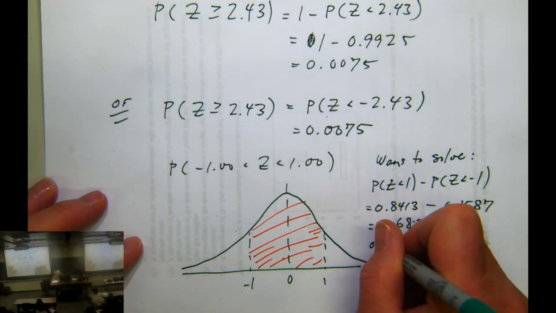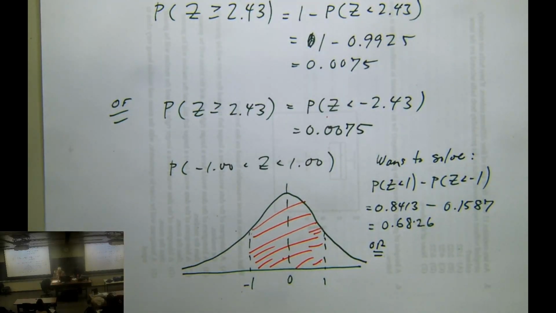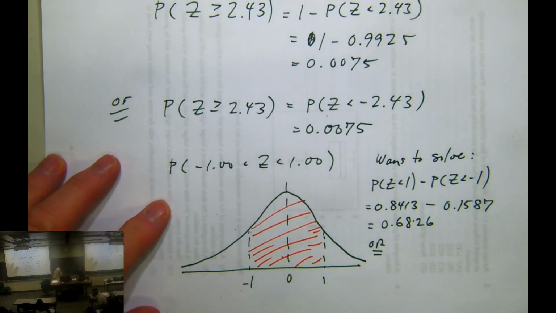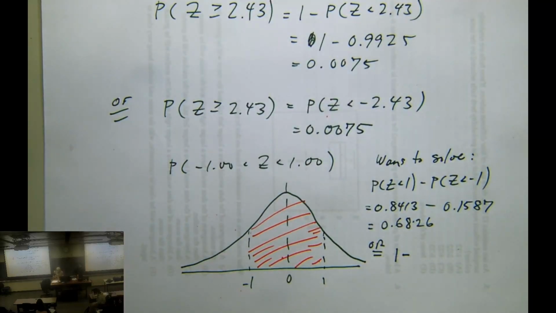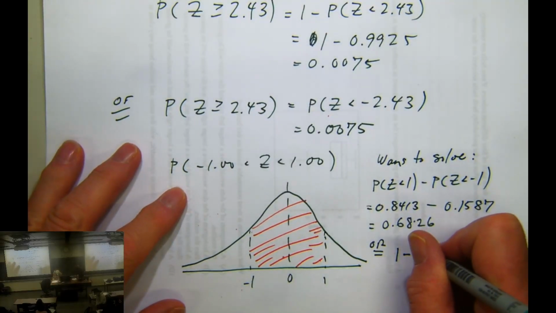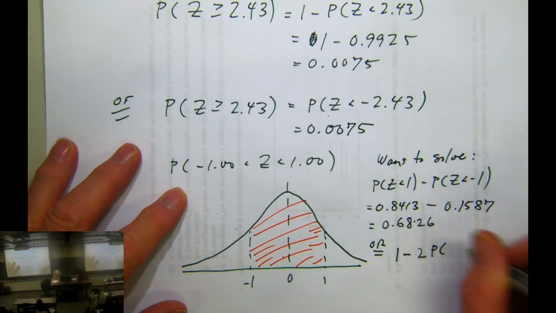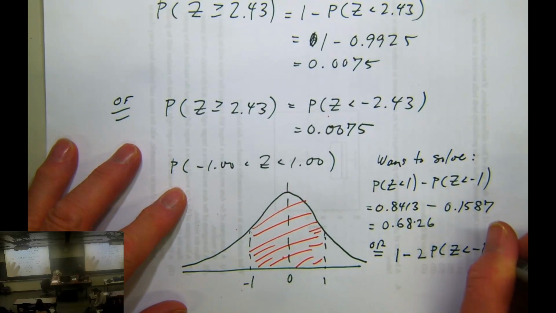Or let's do another solution. One other way is to recognize again that we've got the symmetry of the tails. What if we did 1 minus 2 times the probability that z is less than negative 1?